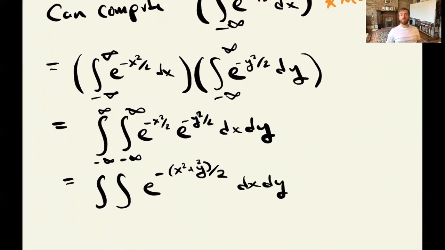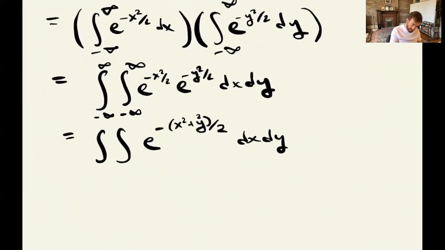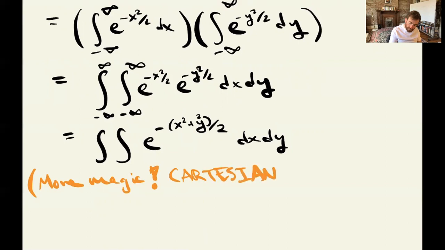Now, remember, I can always switch to a different coordinate system. Instead of using Cartesian coordinates, which measure up and down and side to side, I can use polar coordinates, which measure angles and radial displacement. Here's where the other magic trick comes in. Let's go from Cartesian to polar.